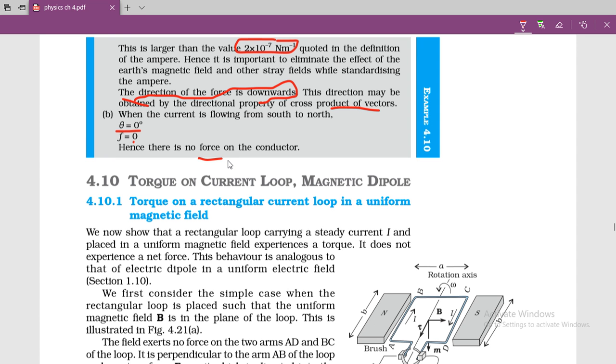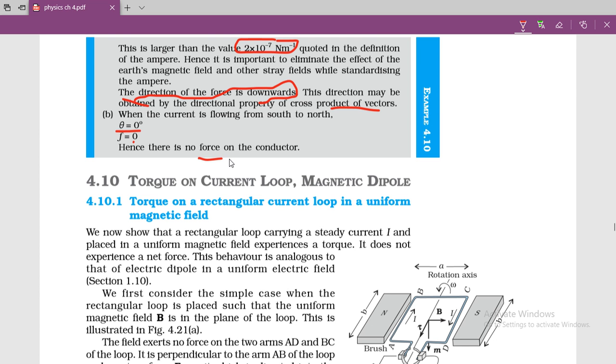So the maximum force is experienced by the conductor when it is placed perpendicular to the magnetic field, which we have already discussed in part A of the same question.